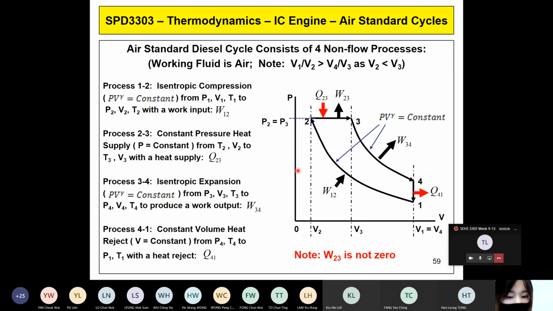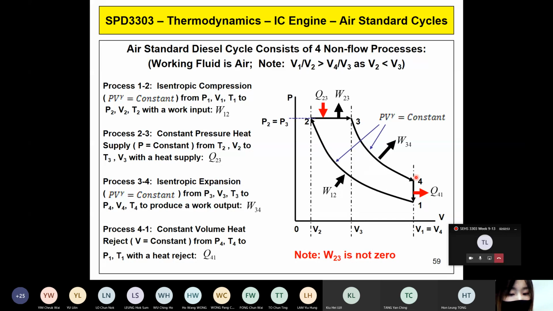The high temperature and high pressure air then expands by an isentropic process to produce a work output. So the property of air changes from point 3 to point 4.